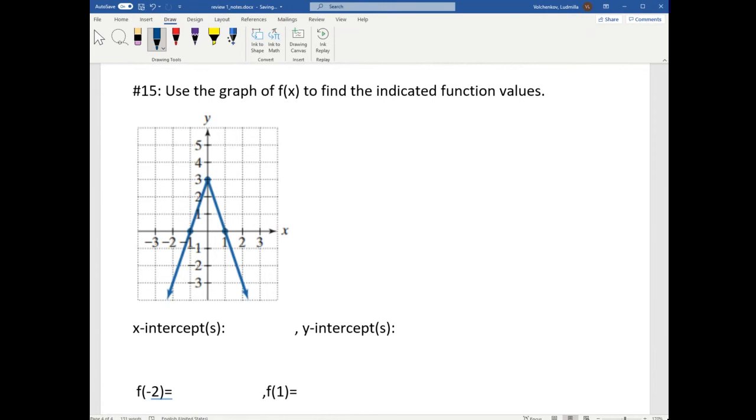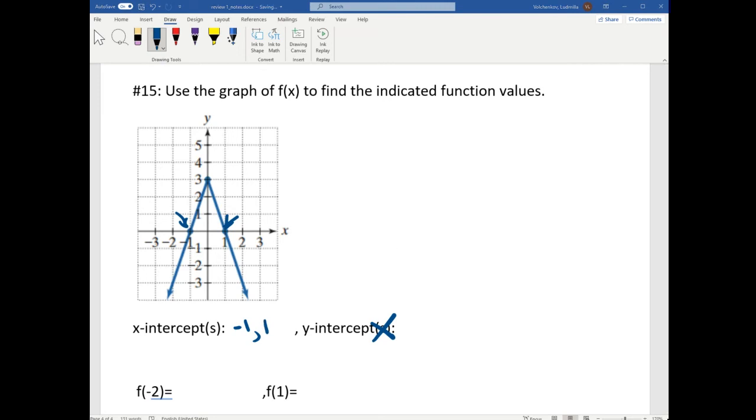The problem says find y-intercepts, but you must know that there can be more than one x-intercept, while there can be only one y-intercept. So the x-intercepts, where the graph intercepts the x-axis, are -1 and 1.